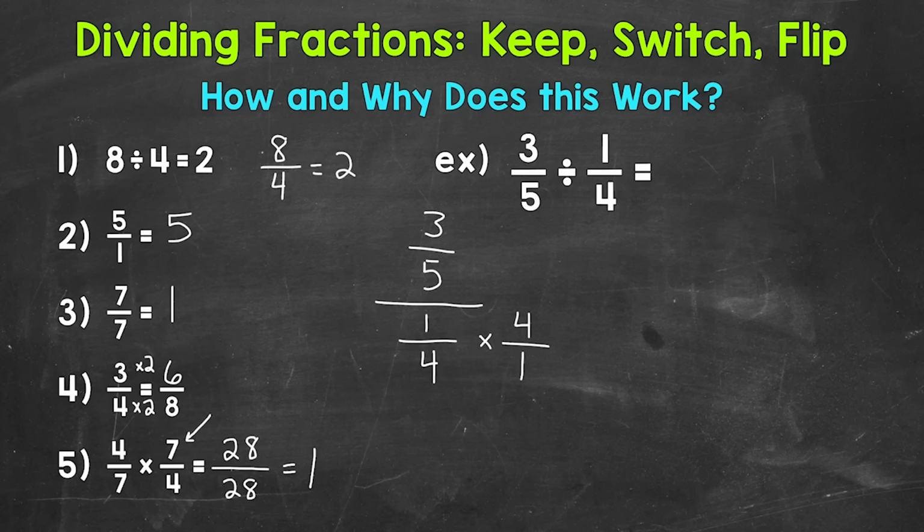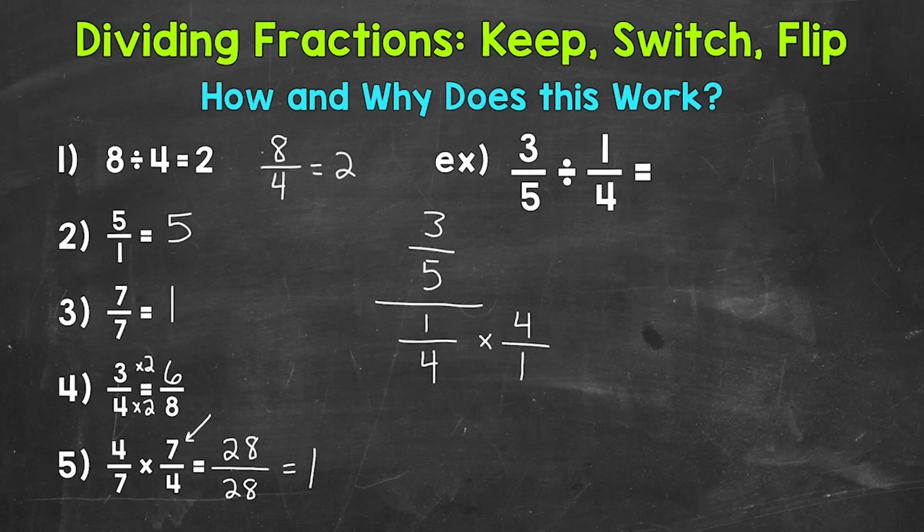Now, since we are multiplying our denominator by 4 over 1, remember, in order to keep a fraction equivalent, whatever we do to the bottom, we must do to the top, or vice versa. This keeps everything equivalent. The value doesn't change.